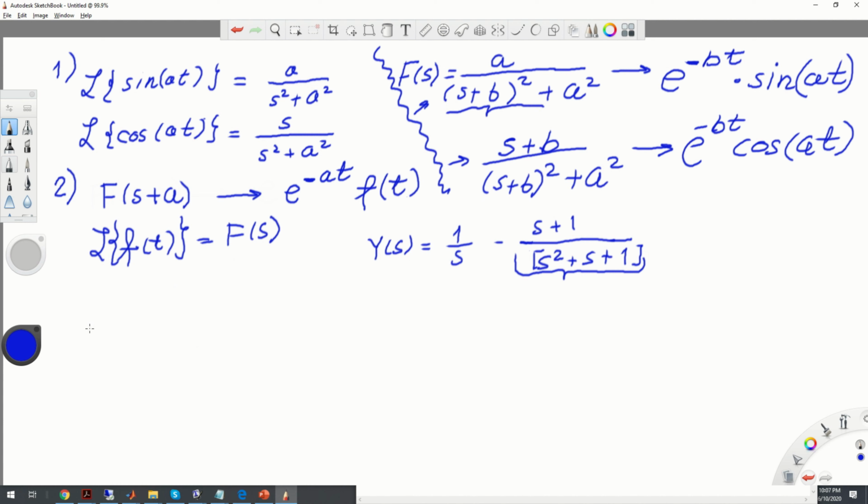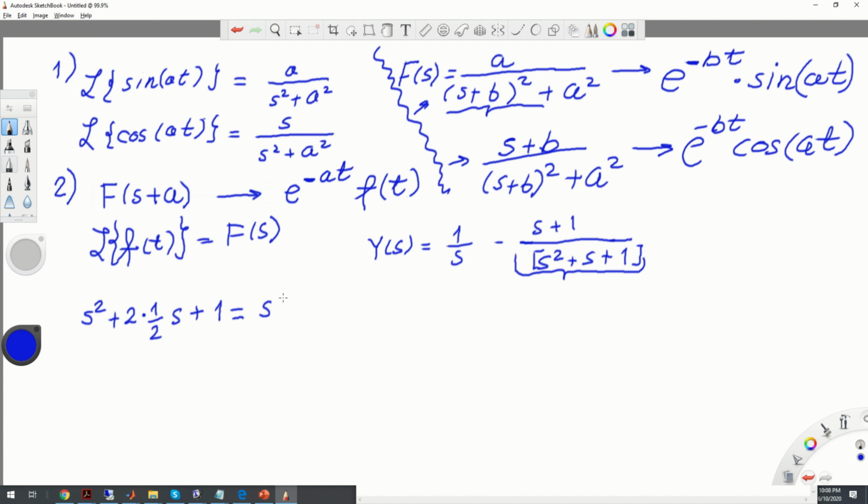We can do this in a simple manner. We can just write s squared plus 2 times 1/2 s plus 1. Let's complete the square.